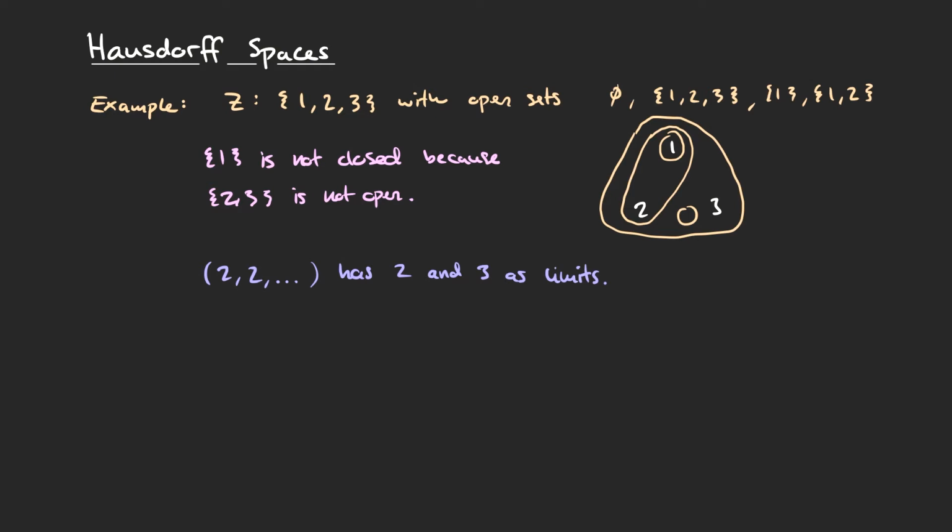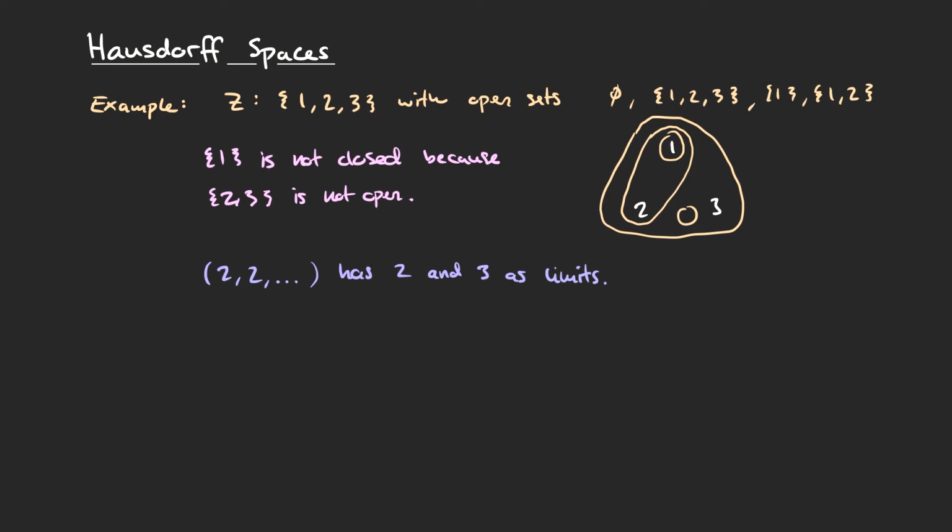And this open neighborhood is so big that it doesn't allow us to distinguish different cases of behavior of this sequence. And this is exactly what leads to the phenomenon that this constant sequence at 2 has 2 limits, namely 2 and 3, because we're trying to define what a limit of a sequence is in terms of open sets, and these open sets in our example of the space Z aren't able to distinguish or separate the points 2 and 3.